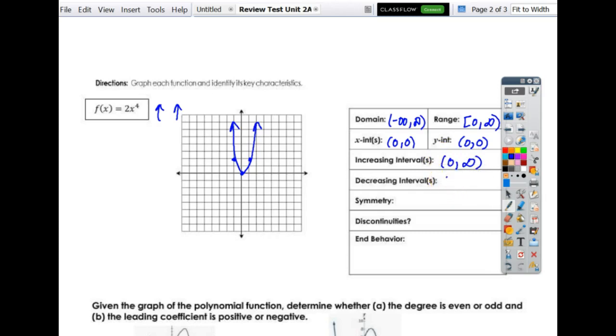The decreasing interval would be negative infinity to 0. This would be symmetric around the y-axis, because you can fold it around the y-axis. There would be no discontinuities. And my end behavior would be as x approaches infinity, f(x) approaches positive infinity. As x approaches negative infinity, my y values would also go to positive infinity.